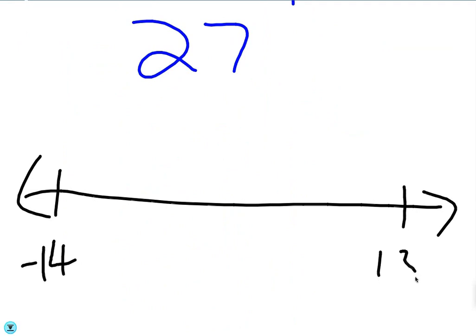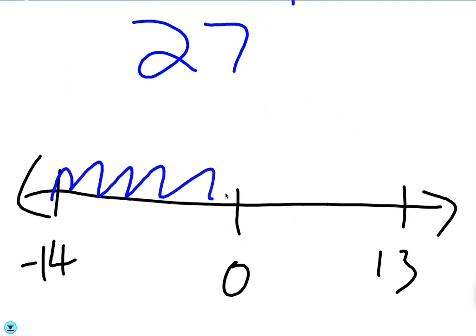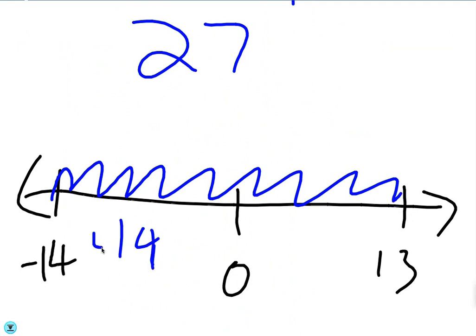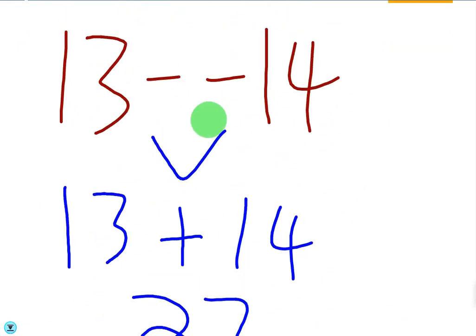And here's 13, and here's 0, not quite in the middle. And you can see that there's going to be 27 total hops between the two. 14 hops here, right? And also 13 hops here. So the difference between them is the number of spaces on the number line. That's another way of seeing subtraction problems, or the difference between two numbers.